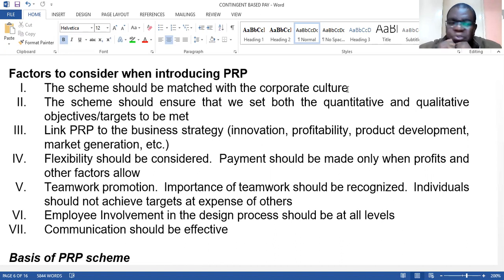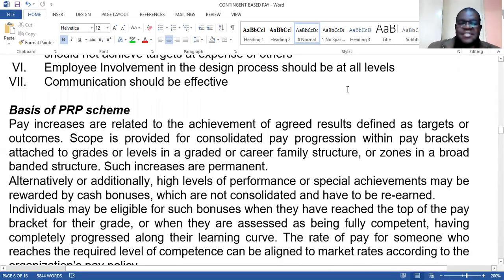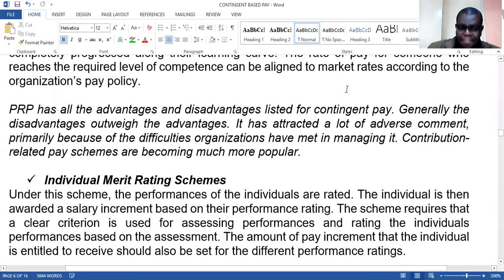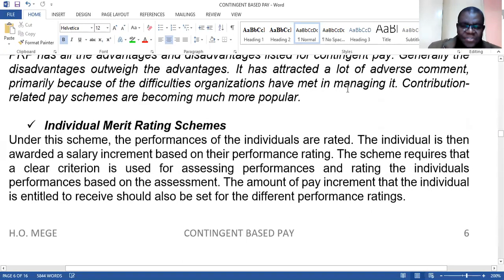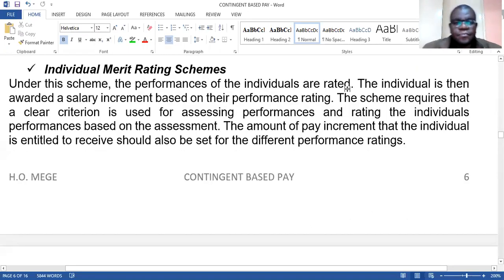Look at how to promote teamwork using the scheme, because it is recognized that for organizations to succeed, we need teamwork more than individual effort. Look at how you involve employees in the rollout of the scheme and communicate about the scheme. When you do that, you get it right.